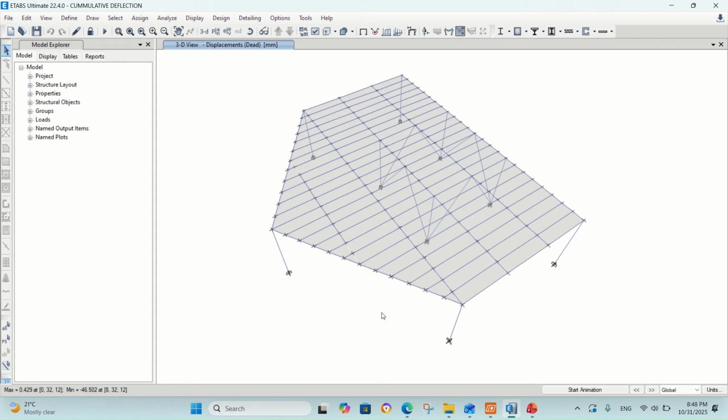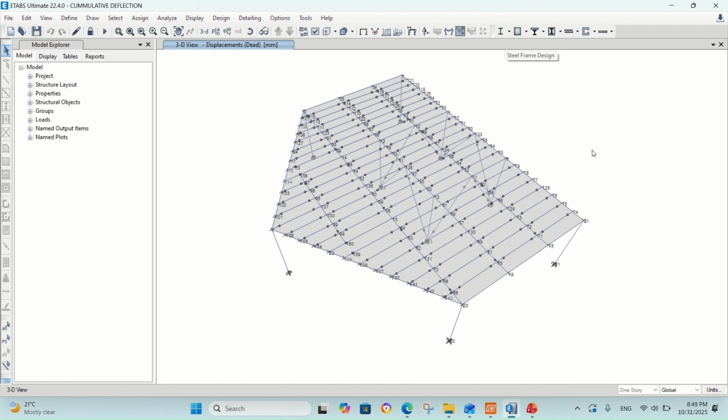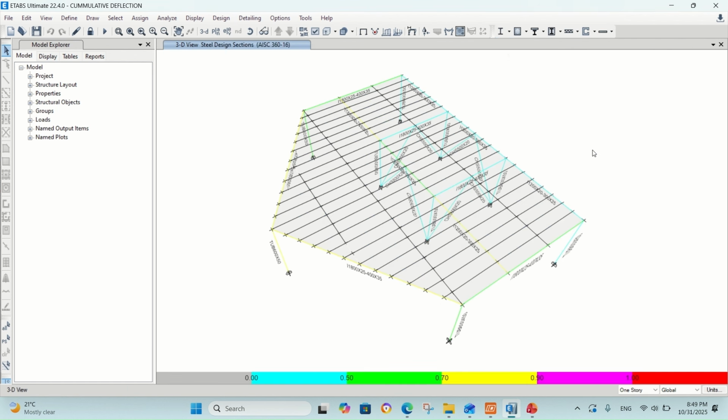In this example, we will focus on the gravity loads only. Now after we run the model, we will design. We can see that all beams are passing, and we will also check the composite beams for simply supported beams.